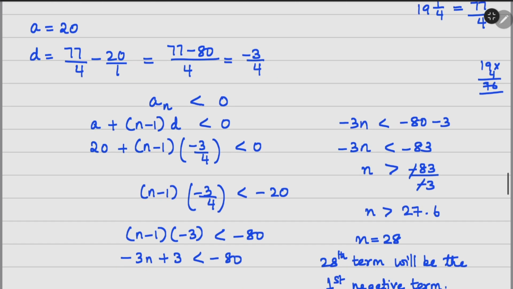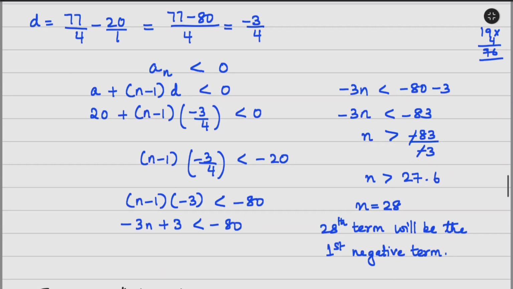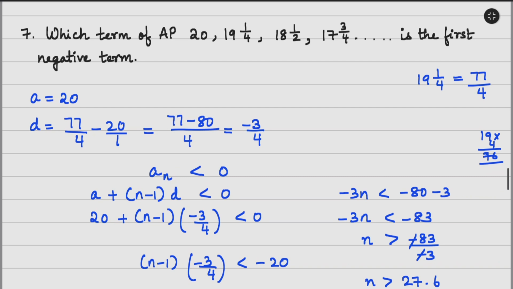Right? You can even calculate what is your A28. You'll definitely get it as negative. You can calculate your A28 and check it out, which is nothing but A plus 27D. Substitute the value of A as 20, D as minus 3 by 4, and you can validate and check whether you are getting negative.